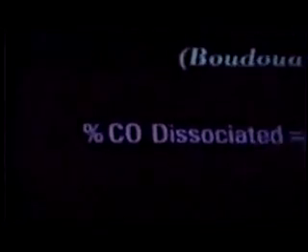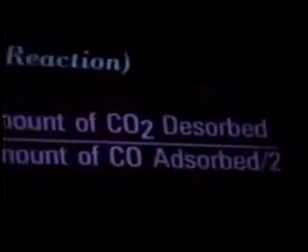We looked at the products with GCMS specifically for helium, CO, CO2, water, and methane. We calculated the CO dissociation by the amount of CO2 produced divided by half the amount of CO adsorbed, based on the Boudouard reaction stoichiometry.